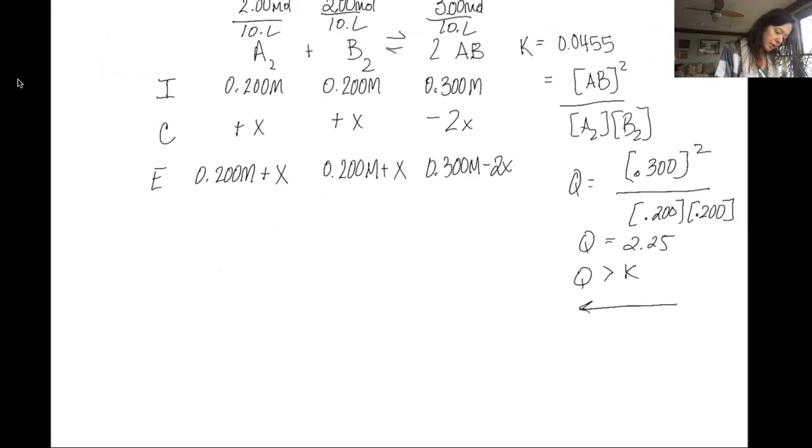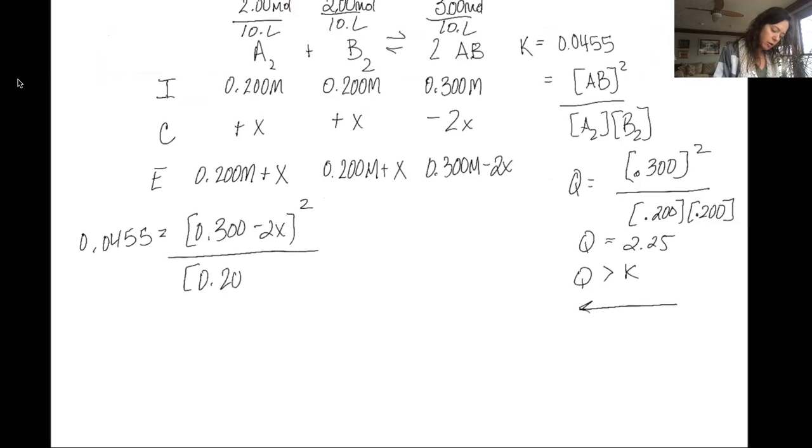So I'm going to plug that into my equilibrium expression and solve for X. I've got 0.300 minus 2X, remember, those are concentrations, squared over 0.200 plus X, which will be squared because it's times itself. We will solve this by taking the square root of both sides.